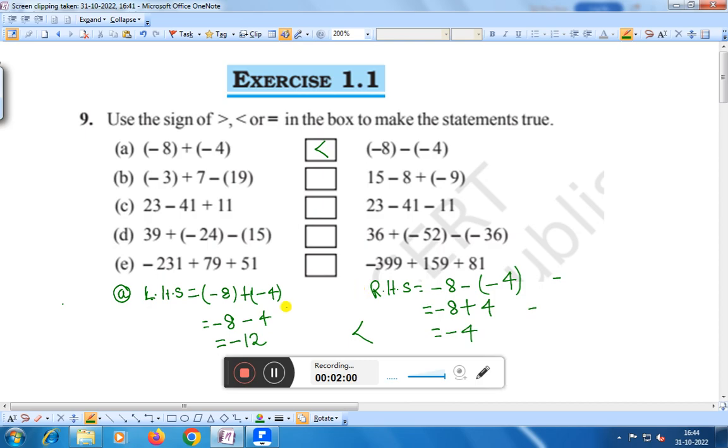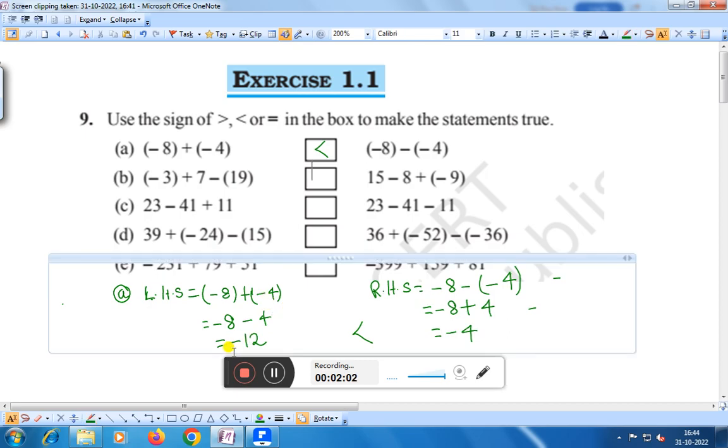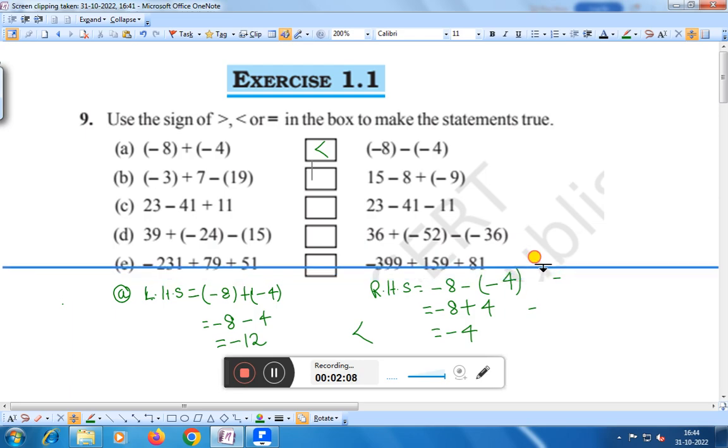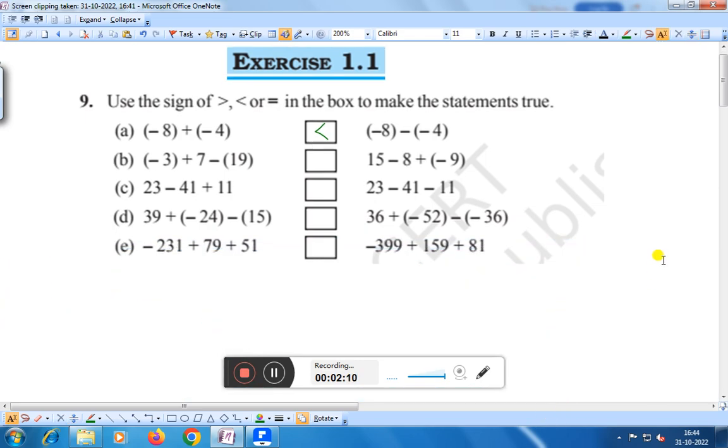Right? Now we shall solve question number B. Question number B, left hand side, LHS, is equal to -3 plus 7 minus 19. Right?